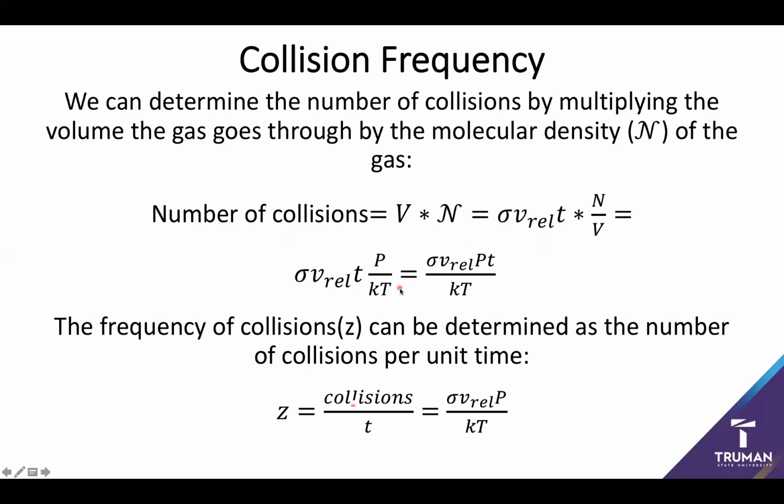And so then what we get is really just our number of collisions equation, where we just factored out the time component. This gives us a general idea of how many collisions are going to be happening per second. So this is a very useful metric.